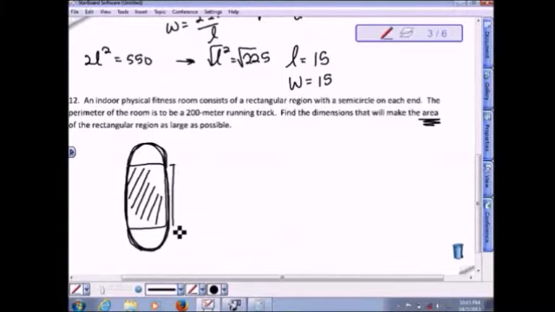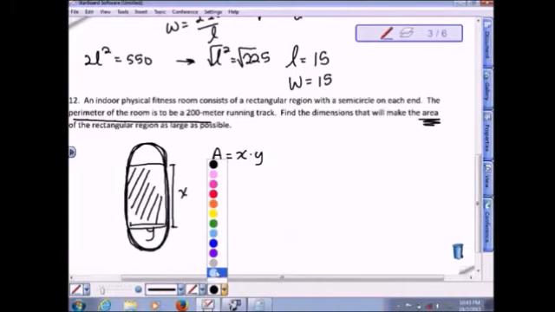So we can say from here to here is x, and from here to here is y. So the area is equal to x times y of that rectangular region. Problem is, if we take the derivative on both sides, we have too many variables on this side. So we need a secondary equation. So it says the perimeter of the room. Now, the perimeter are these two sides of the rectangle.